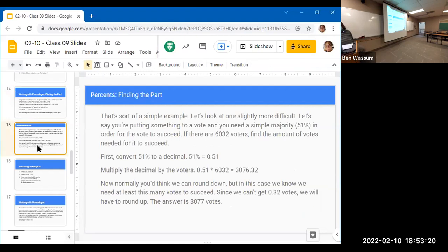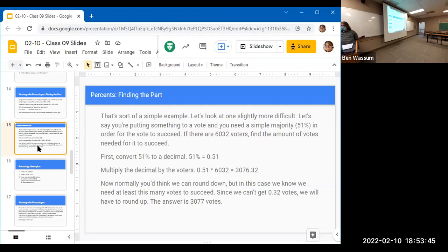So first, you would convert that 51% to a decimal, which would be 0.51. And you take that decimal and you multiply it onto however many voters you have, because that will show you how much 51% of your voting population is. So you have 0.51 times the 6,032.